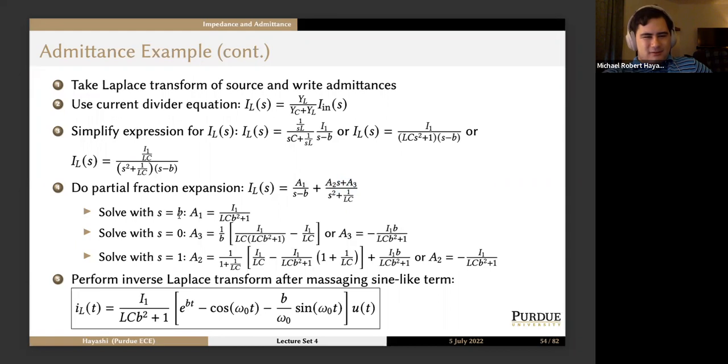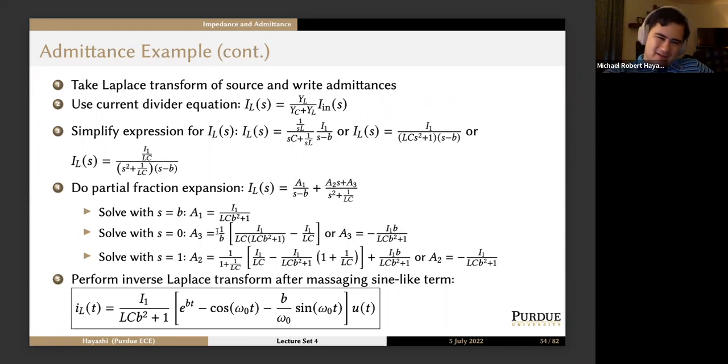So we'll solve with s equals b. We'll get A1 equals I1 over LCb squared plus 1. That's what you get when you solve this out, when you equate what's on the left here with what's on the right. And we'll solve with 0 to figure out the A3 term.